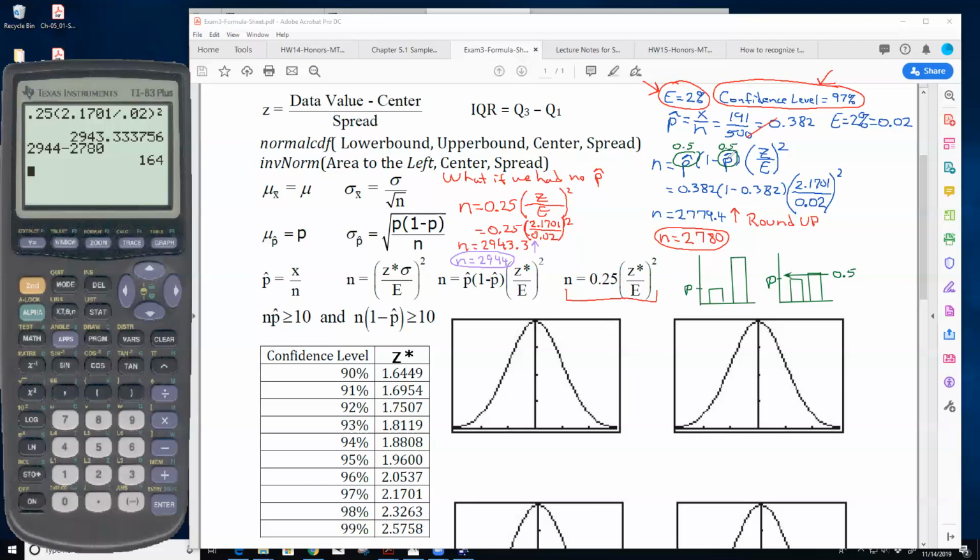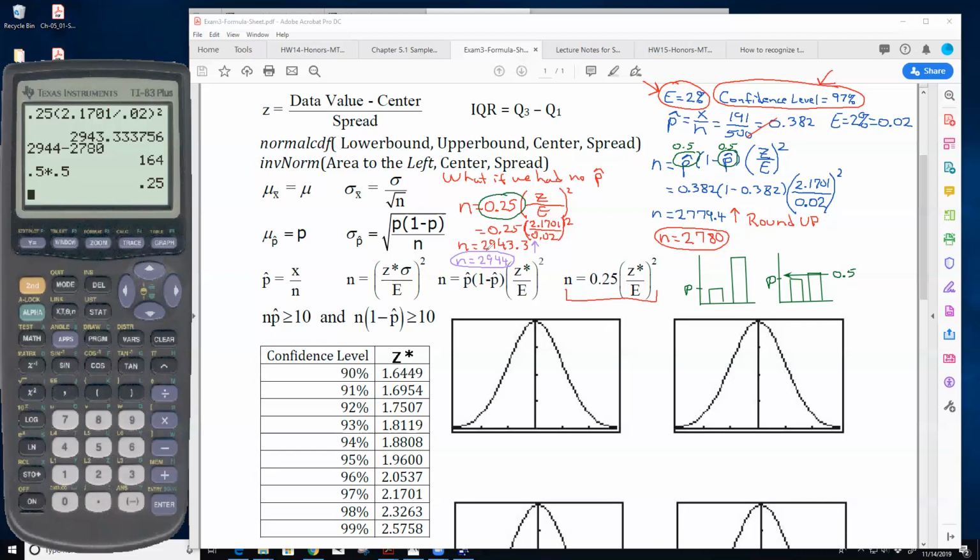So 1 minus 0.5 is 0.5, so essentially we got 0.5 times 0.5. Now, I ask you, what is 1/2 times 1/2? 0.25. That's why you got the 0.25 there. That's just what this would be equal to in the worst case scenario.